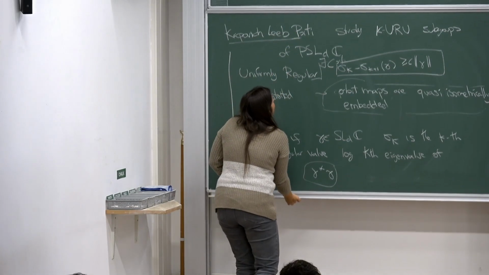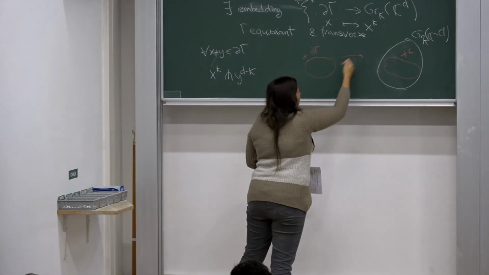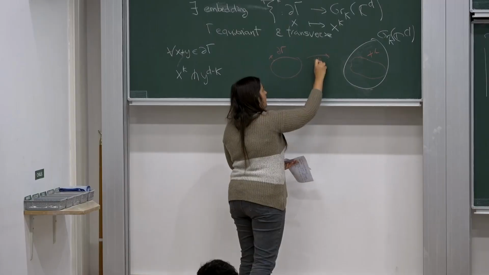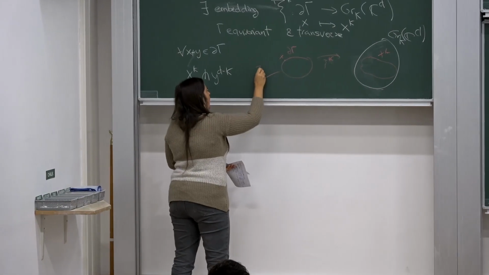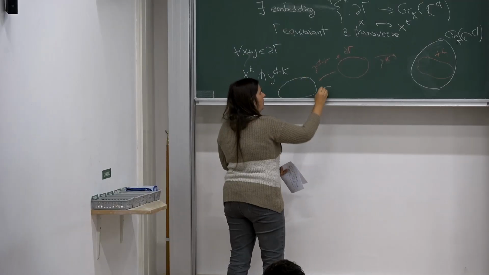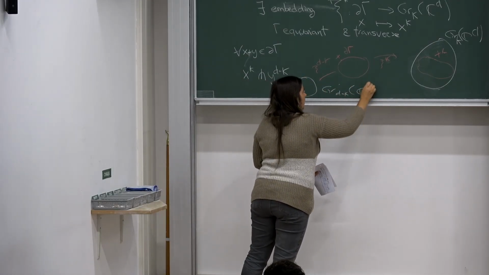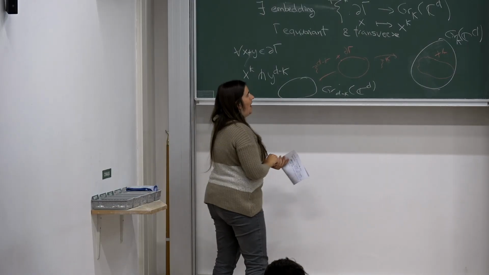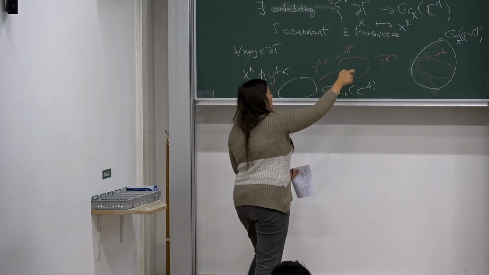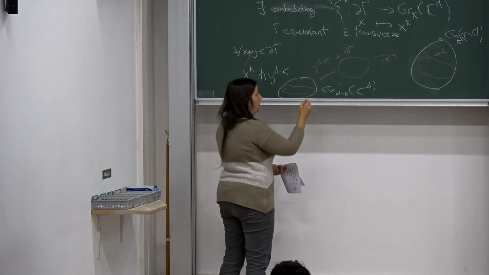So I have this xi_k in the Grassmannian of k-subspaces, but I also have xi_{d-k} in another Grassmannian of C^d, which realizes this abstract Gromov boundary in a different way, in some other limit set.